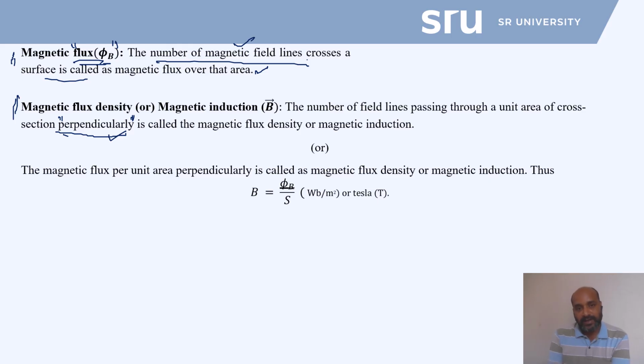Or you can say simply that the magnetic flux per unit area perpendicularly is the magnetic flux density. So this is flux per unit area, phi by S will be the B. We can represent that in a diagrammatic view. Let this be a surface. Or it's better to draw another plane.